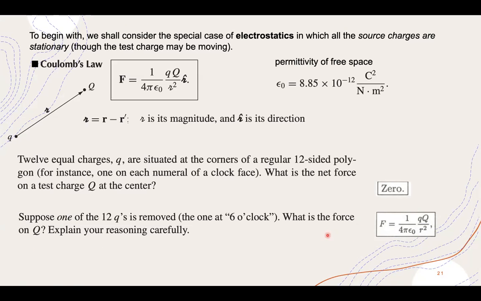And then we gave an explanation because this is just like a clock. By symmetry requirement we can suppose for the first part of this question that all the forces are going to be cancelled, like the charge which is sitting at 12 can be cancelled by the charge at 6, similarly 1 and 7, similarly 2 and 8, etc. Okay, and if one of the charges, let's say at 6 o'clock, is removed, then the force is going to be in the direction from 12 to 6, and the magnitude is given as this.